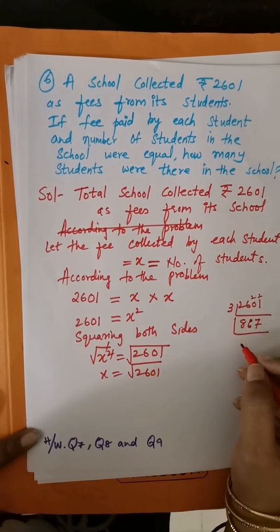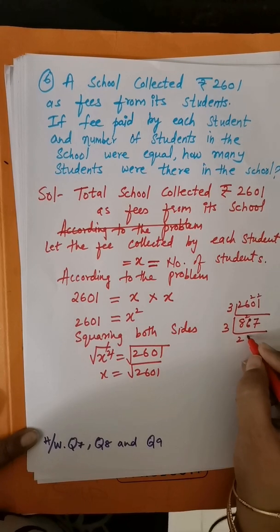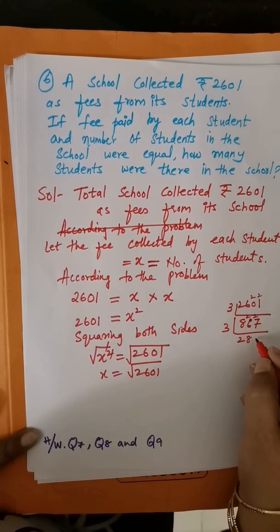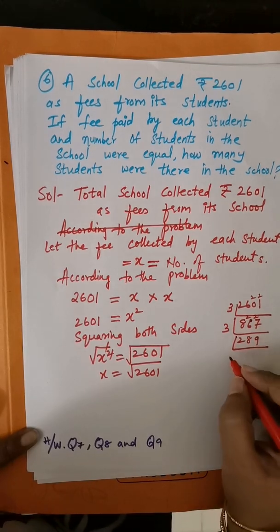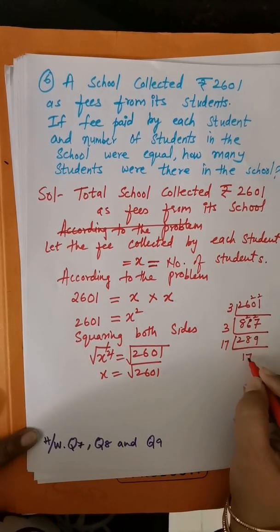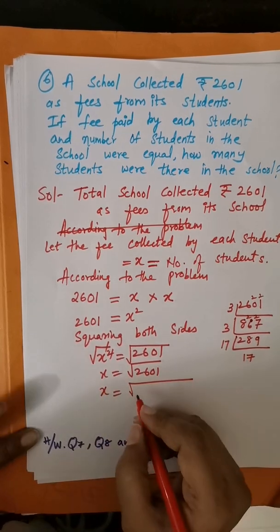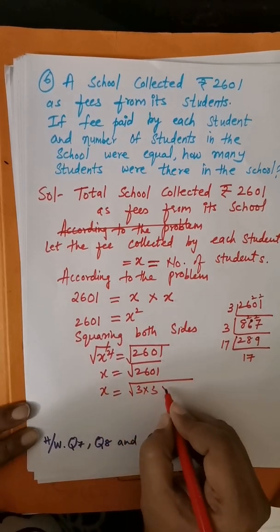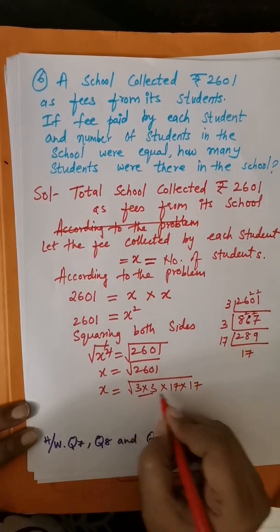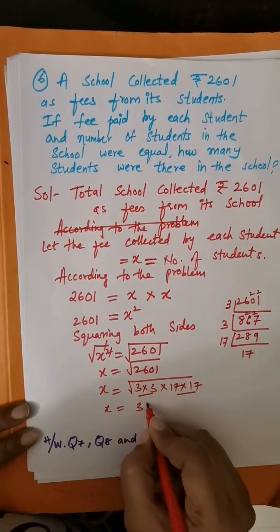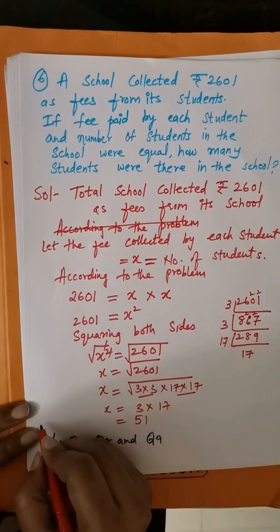Again we can take 3 2s are 6, 2 extra, 3 8s are 24, 2 extra, 3 9s are 27. We know that 17 into 17 is 289. So this can be written as 3 into 3 into 17 into 17. So we can pair it up. x is equal to 3 into 17, which is equal to 51.